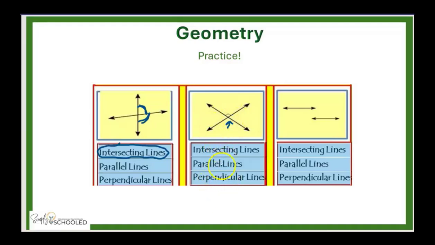That's a very key point to know that this is a perpendicular line. Anytime you see that little square inside of intersecting lines, you know they are perpendicular. And lastly, these lines, if they go on forever, will not cross, and so those are parallel lines.